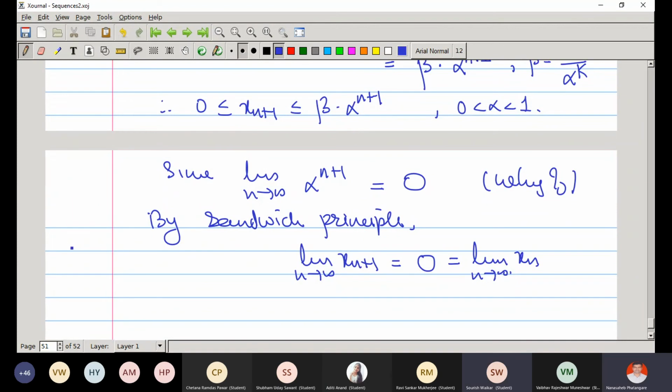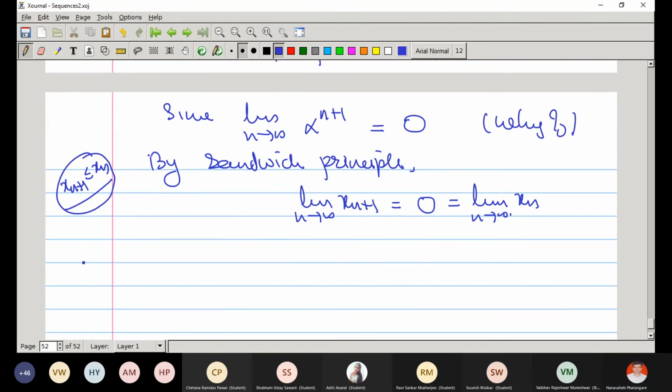A decreasing sequence doesn't mean that the limit is 0. You understand? A sequence being decreasing doesn't mean that the limit is 0. But sir, it is bounded below also, no, sir? Look at the sequence xn equal to 1 plus 1 by n. This sequence is bounded below by 0.